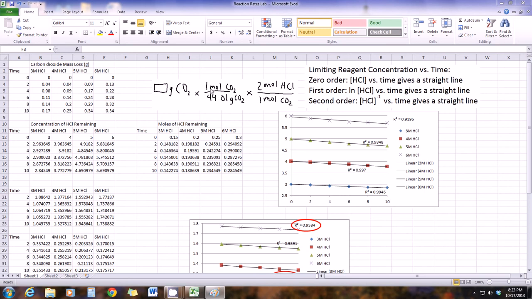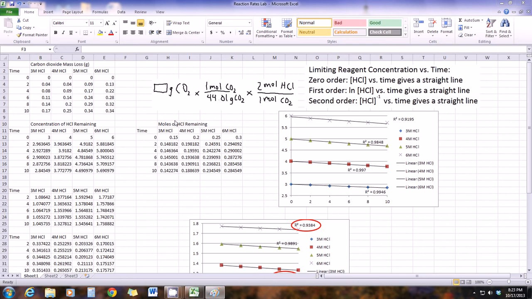I made that assumption. The other assumption that I made to go from moles of hydrochloric acid remaining to the concentration of hydrochloric acid remaining was that the volume of the hydrochloric acid was not changing very much, or minimally.